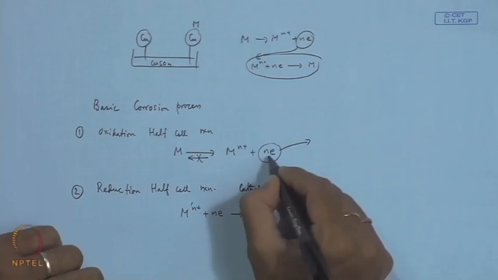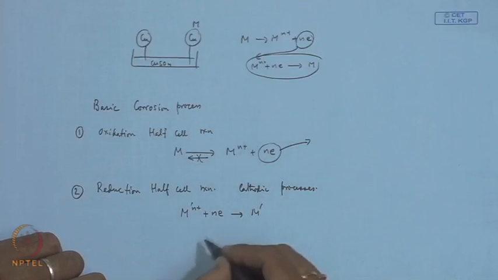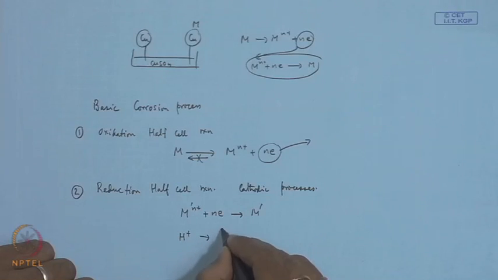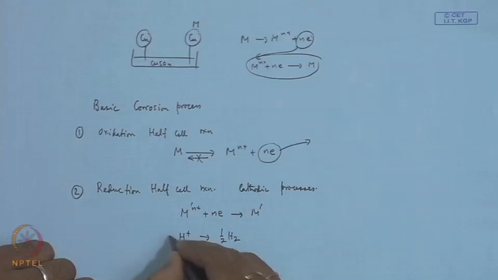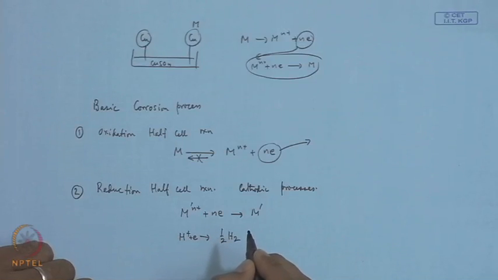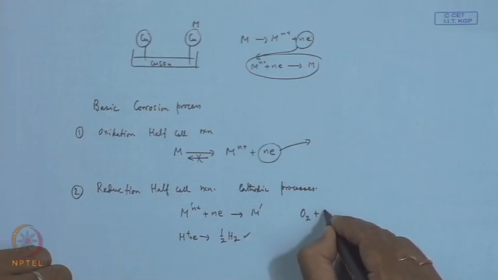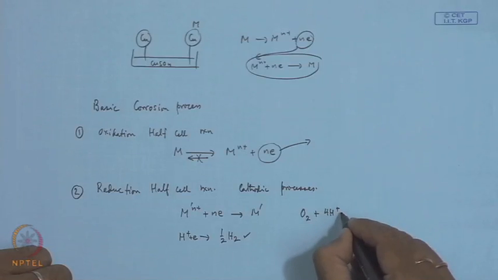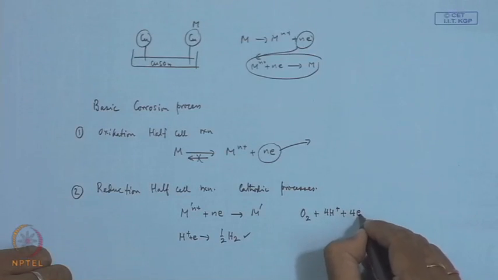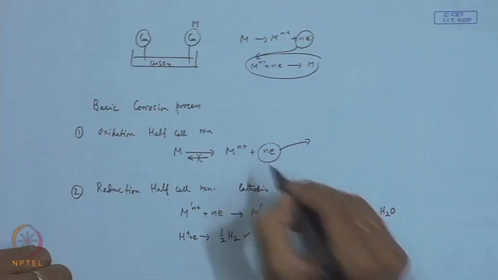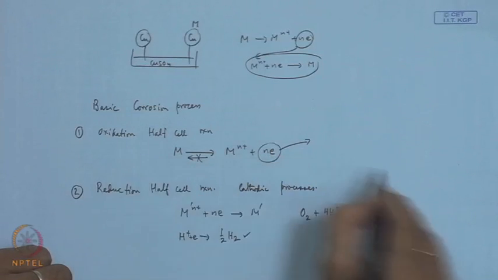Another process could be if these electrons are used up in another reaction, like converting H plus, a proton, plus electron to half H2. So this could be one reaction. Another possibility is O2 in presence of H plus, plus 4 electrons giving rise to 2 H2O. Okay, you see that these are used up. So equilibrium is now shifting this way.